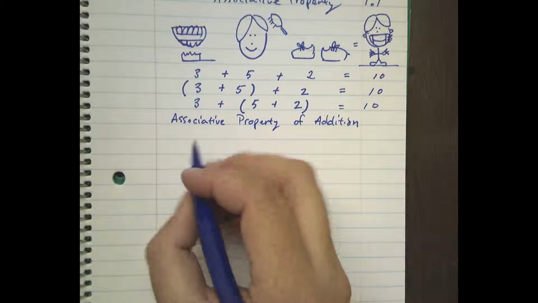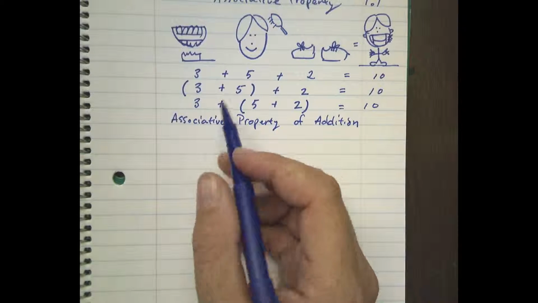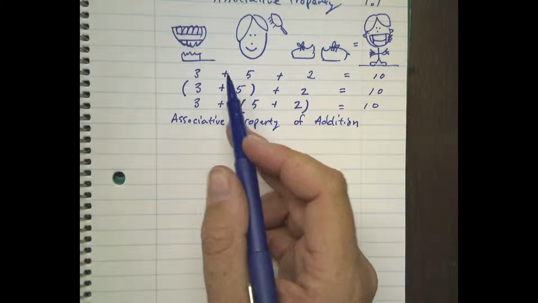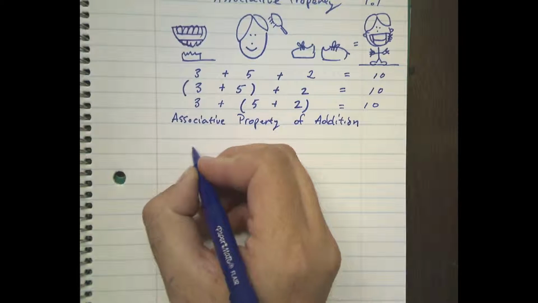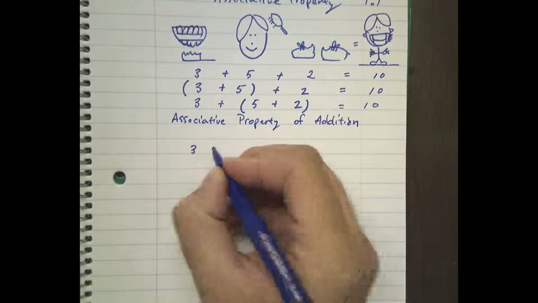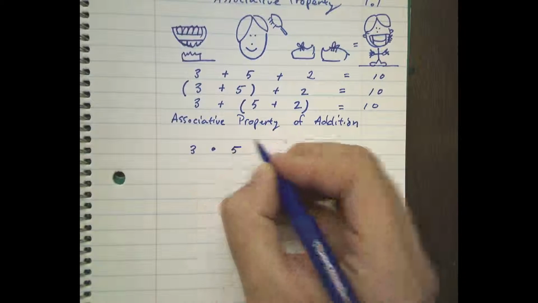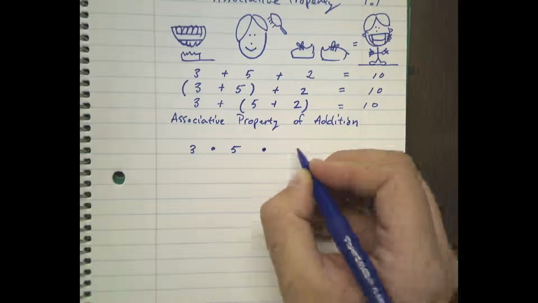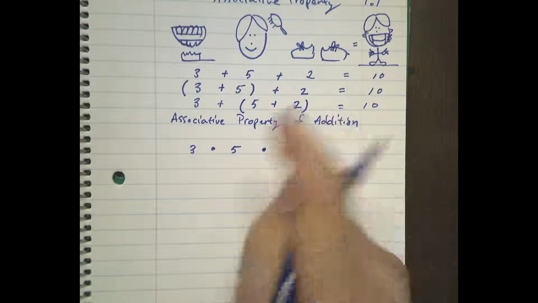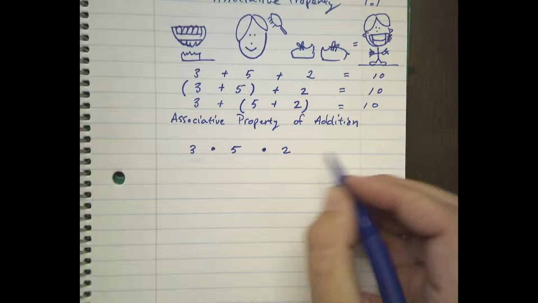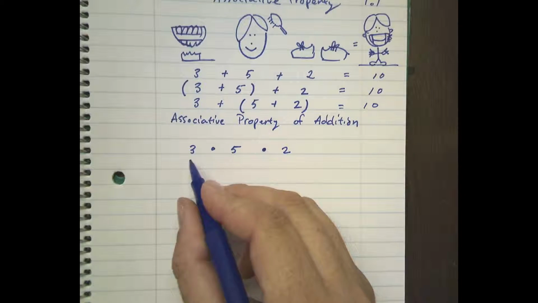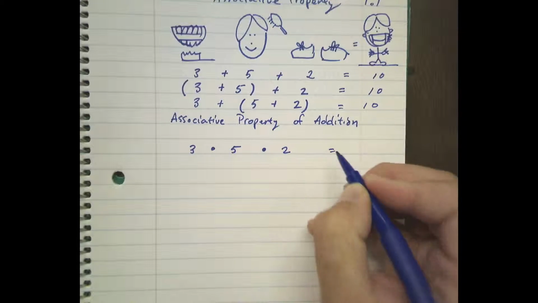That's going to be the same exact concept, except we're just switching the signs. So we're going to start with brushing our teeth, multiplying that by brushing our hair, and then multiplying that by putting on our shoes.